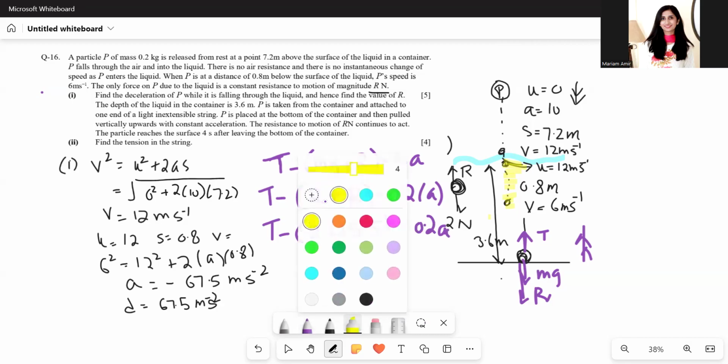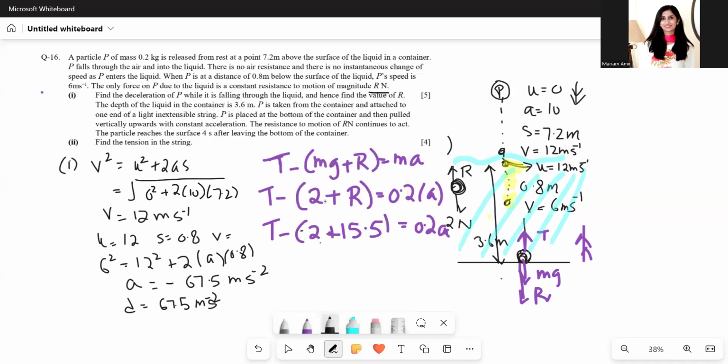Let's go back to this system inside the water. So the initial speed of the particle here is 0 and the total distance inside the water is 3.6. And what else do we know? We know the time taken here is 4 seconds. Let's use these to find A. So we can use S equals UT plus half AT square.